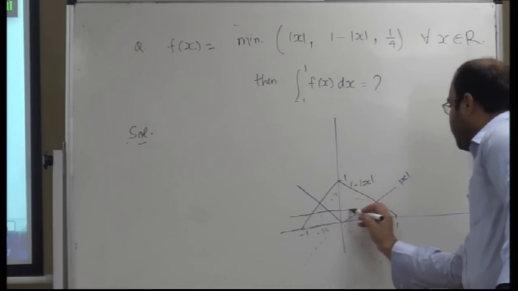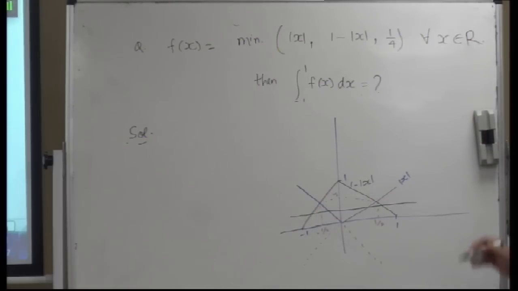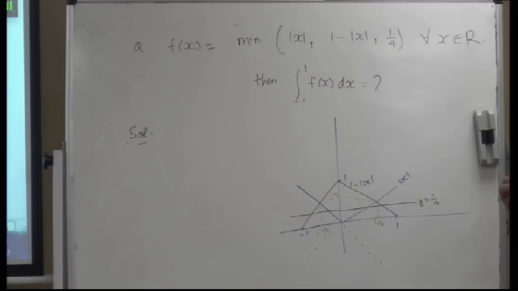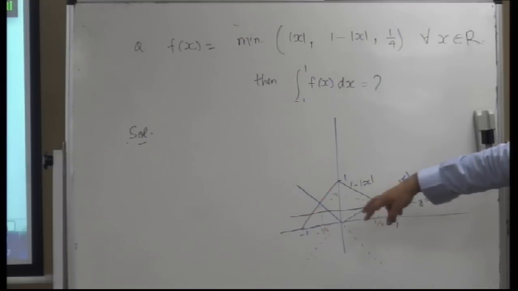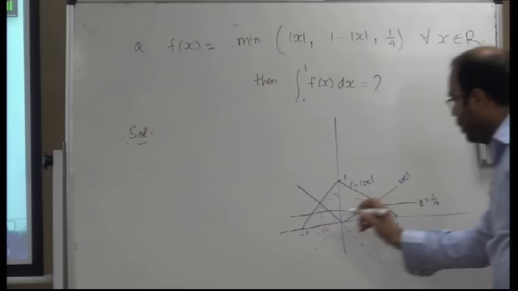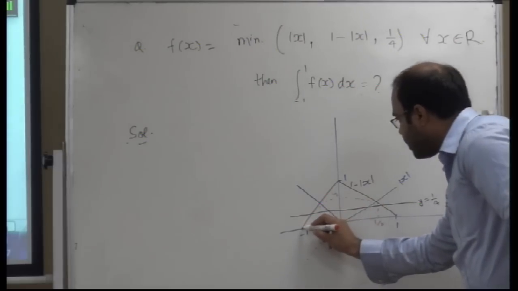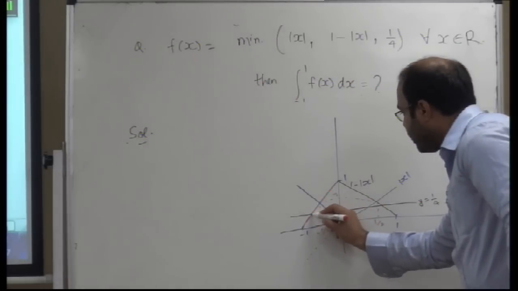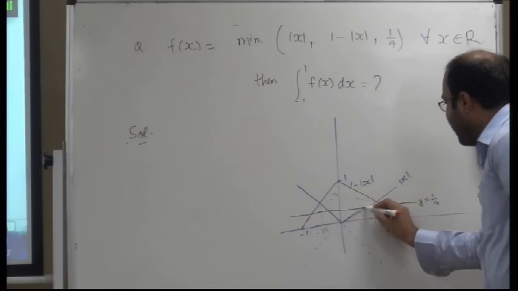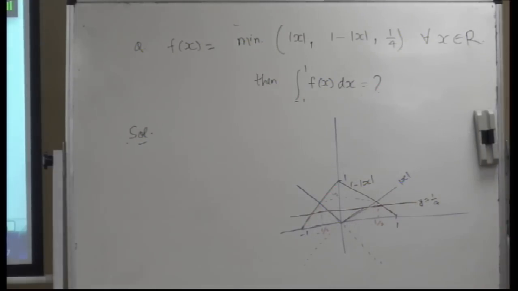So this is y equal to 1 by 4. So overall, the minimum of these three graphs between minus 1 to 1 would be this part, then this part, then this part, and similarly here you will go like this.